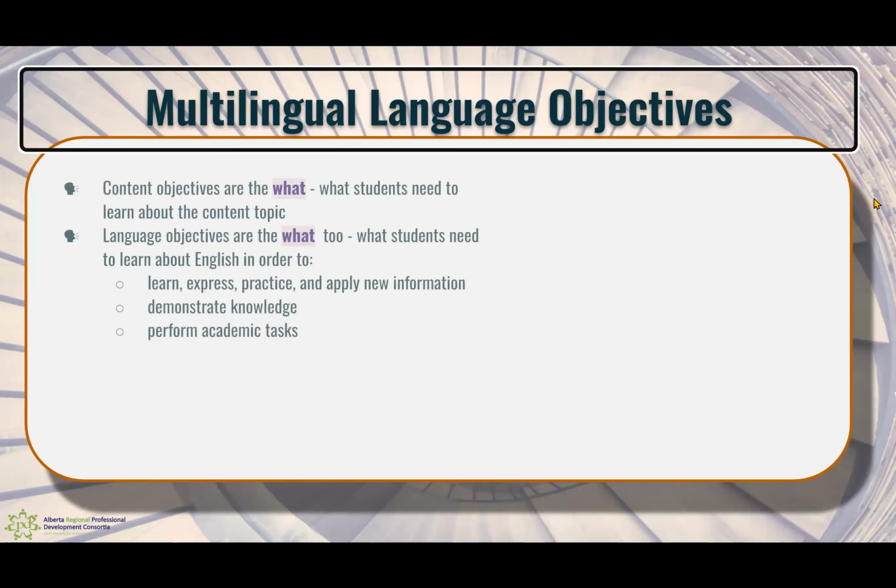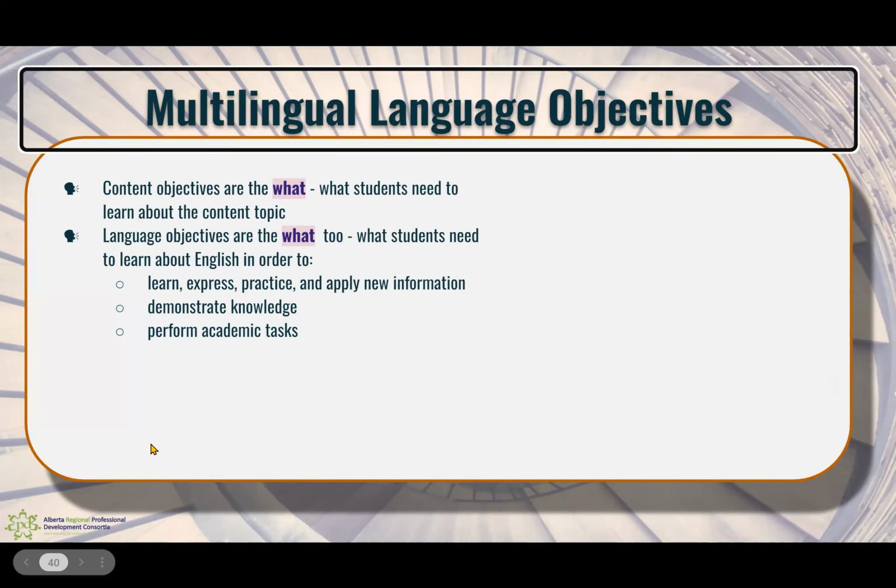So thinking about language objectives, we want language objectives to tie into the content objectives. Content objectives are the what. We often plan very well for what students need to learn about the content topic, but language objectives are also the what they need to learn about English so that they can learn, express, practice, and apply that new information, demonstrate knowledge, and perform academic tasks.